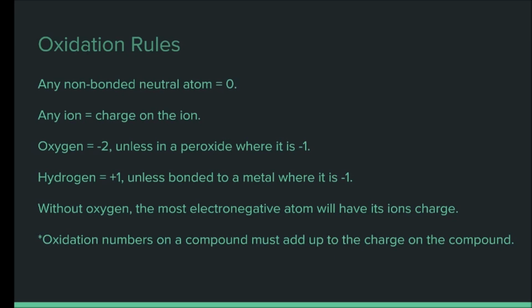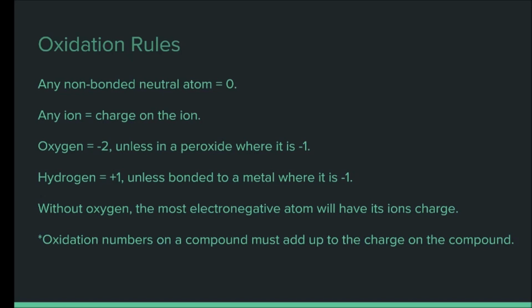Reduction is lowering the oxidation number, lowering the charge, which is also adding an electron, because electrons are negative, so you reduce the charge if you add one. Redox reactions are also used in electrochemistry, but that is not something I've taken in college yet, so I wouldn't feel comfortable explaining it to you.